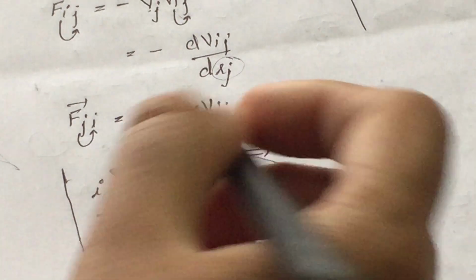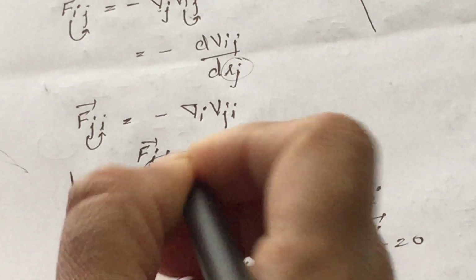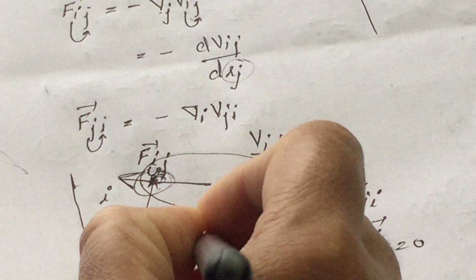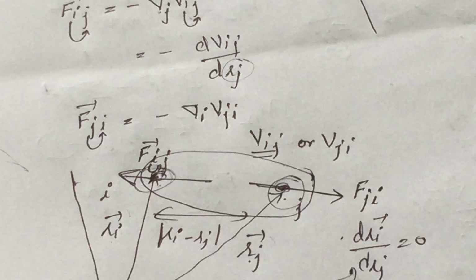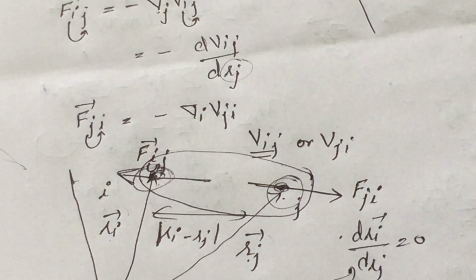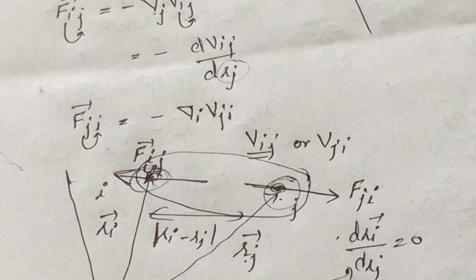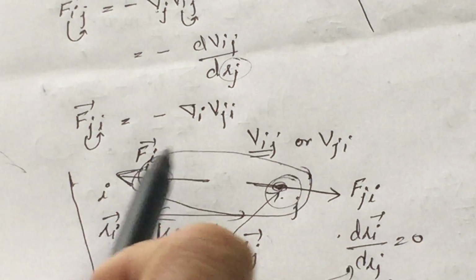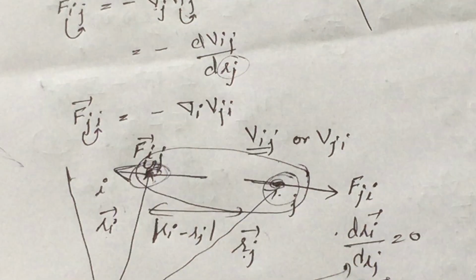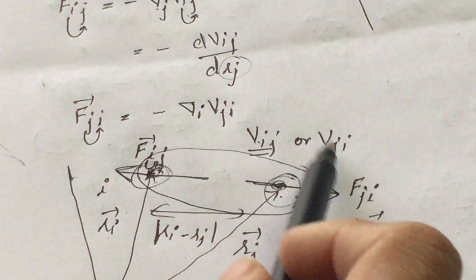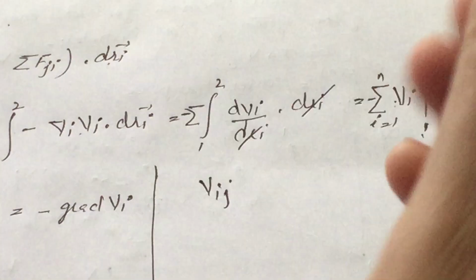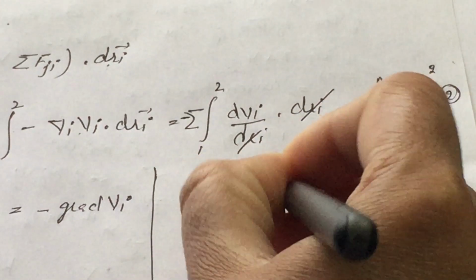The separation in between the two particles, that is the jth and ith particle, can be represented by the magnitude of the Ri vector minus Rj vector. We have to show only the distance in between them. The direction is meaningless in case of potential energy. So whether you are taking the distance from i to j or from j to i, the distance is the same. So the potential energy on the ith particle due to the jth, or the jth particle due to the ith, they are one and the same, and we can substitute this.